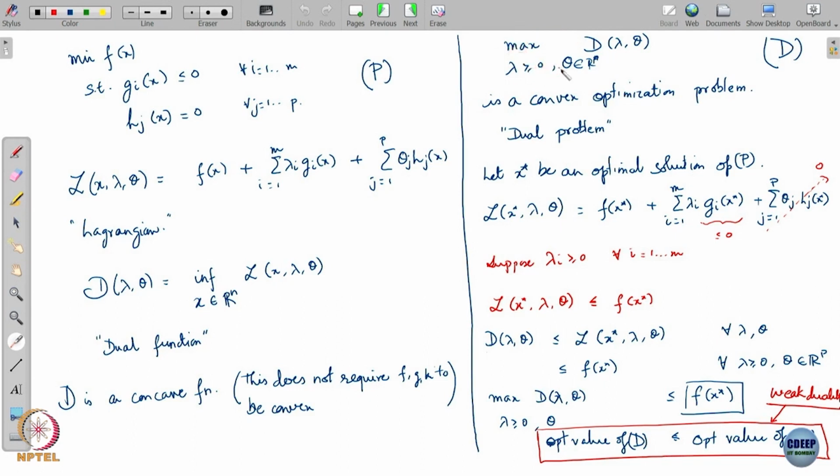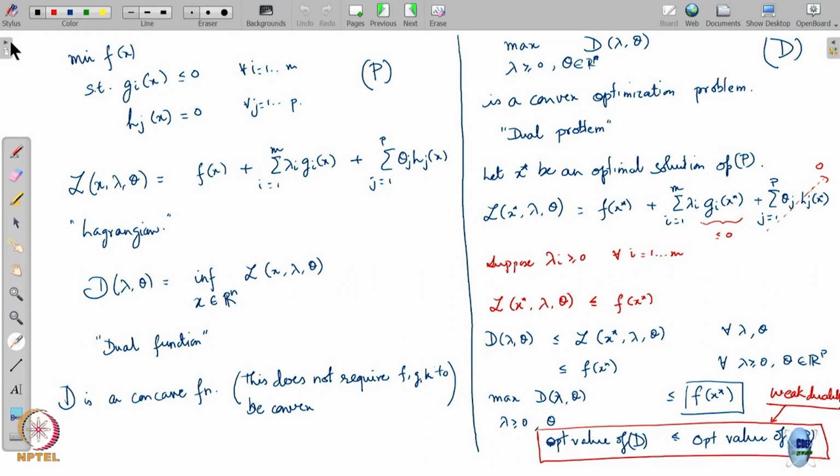If you do that for a linear program, that gives you back the dual that we had defined earlier. So this way of defining the dual is basically generalizing the duality formulation for linear programming to problems that are potentially non-linear.